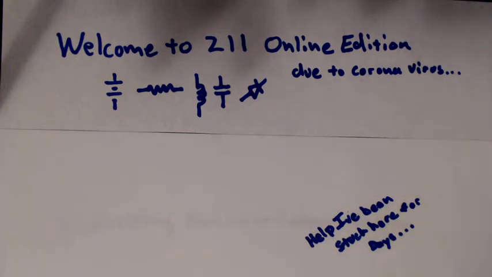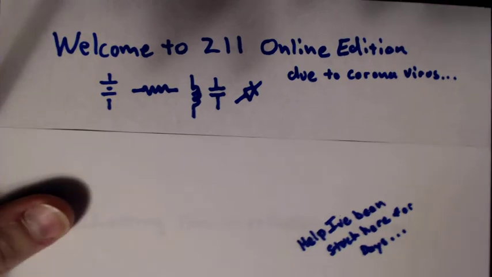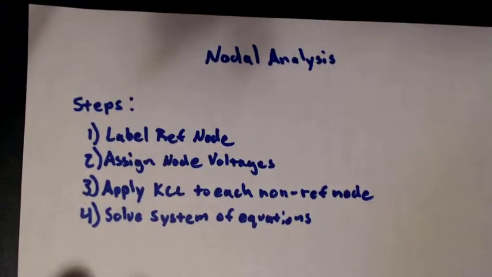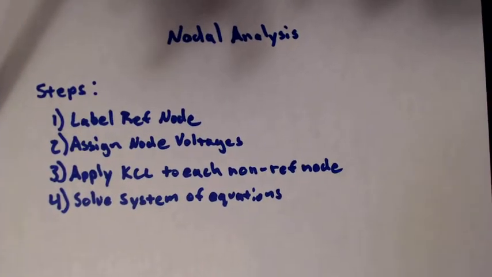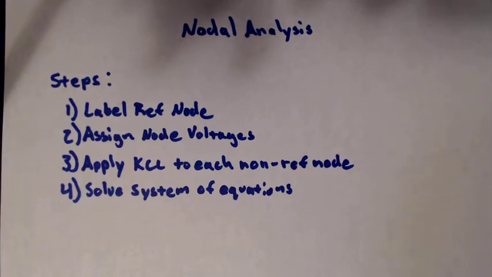So today we're going to go ahead and cover nodal analysis. Nodal analysis is similar to what we did last time, which was mesh analysis, where mesh analysis takes a voltage approach using Kirchhoff's voltage law. Nodal analysis will be taking a current approach.